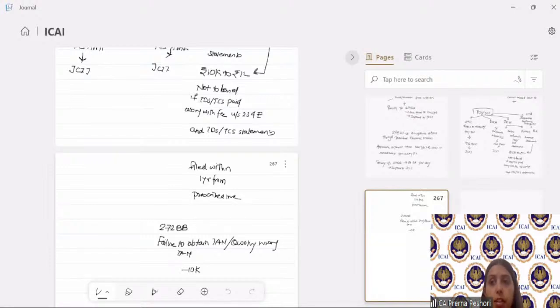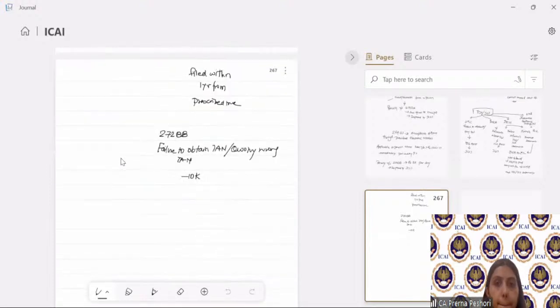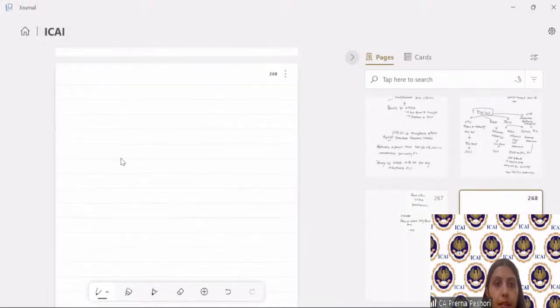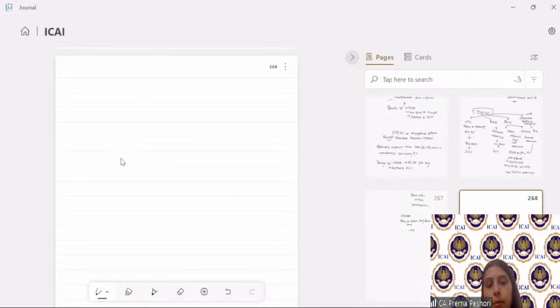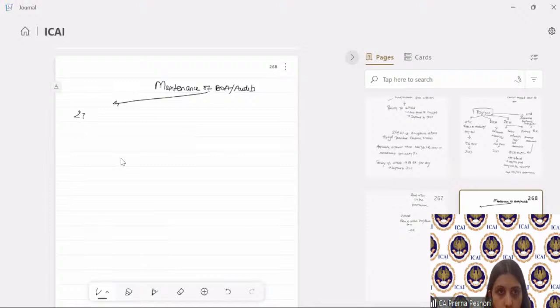So, one such penalty is mentioned in 271A, which is failure to keep or maintain the books of accounts as required under 44A.